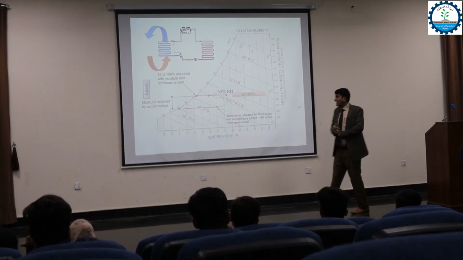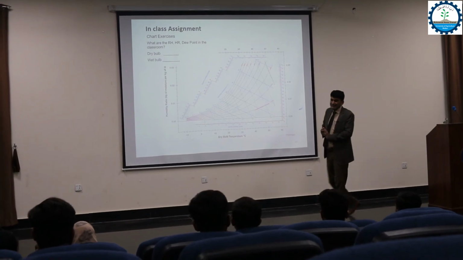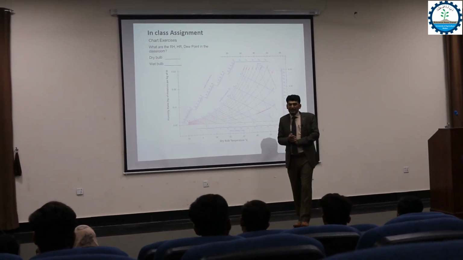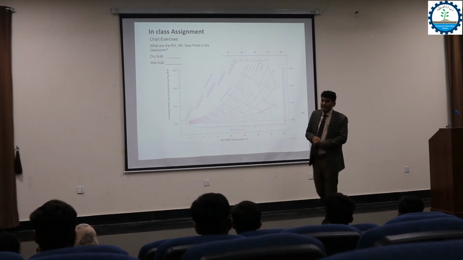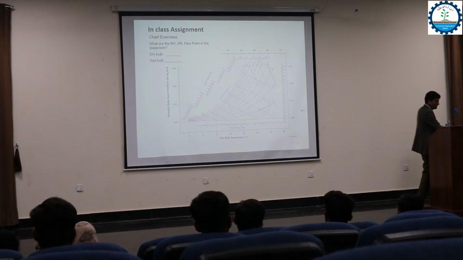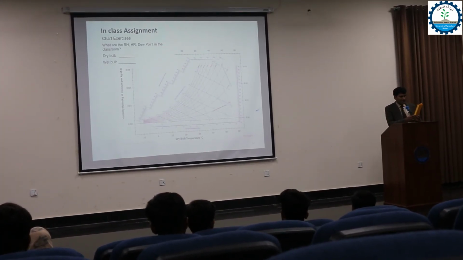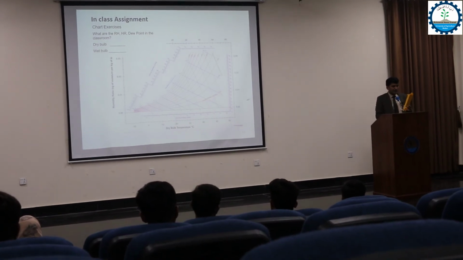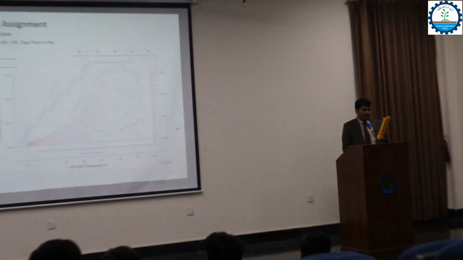In the next slide, you will have one practice assignment that you will do now. You have 2 minutes. First I will give you the temperatures: the dry bulb temperature is around 30, and the wet bulb is around 27.